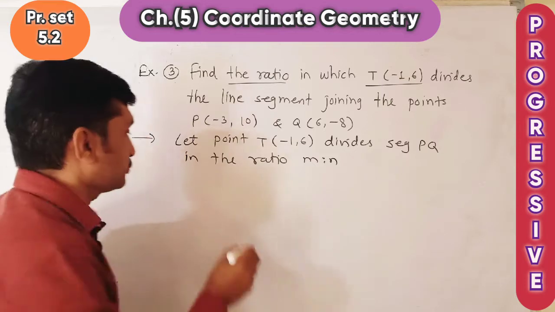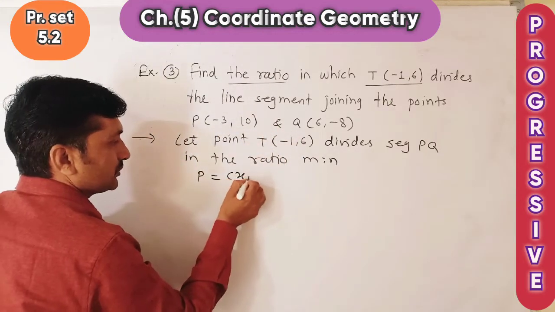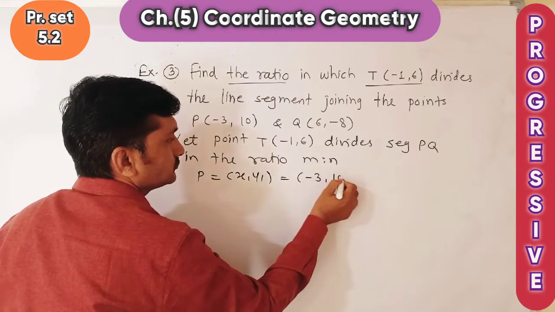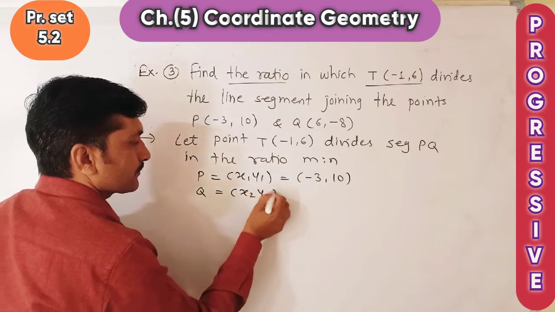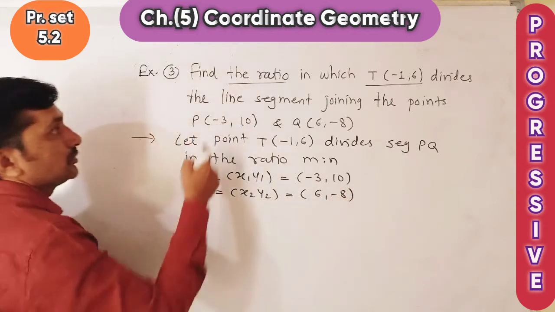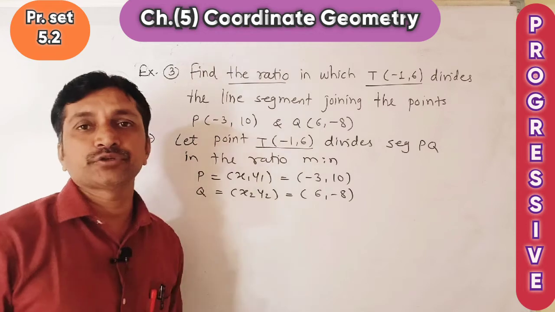Okay, now the formula. Coordinates first. P is equal to (x1, y1) is equal to (-3, 10). Q is equal to (x2, y2) is equal to (6, -8). And which point is dividing? T, and the coordinates of that point are also given.